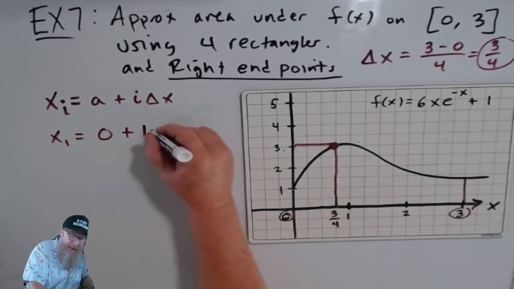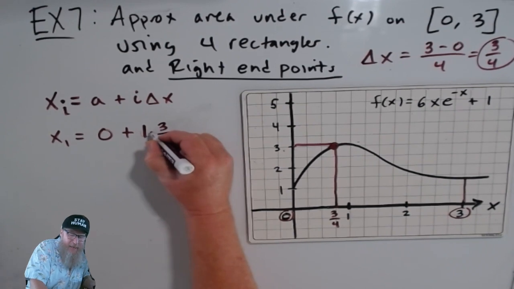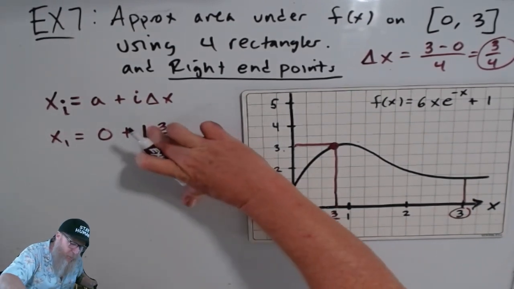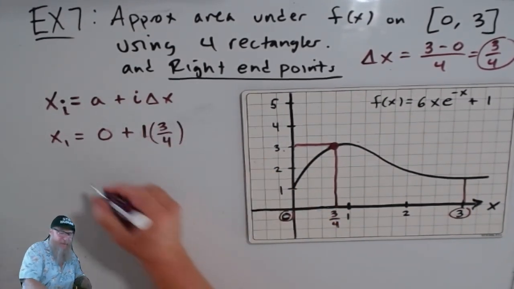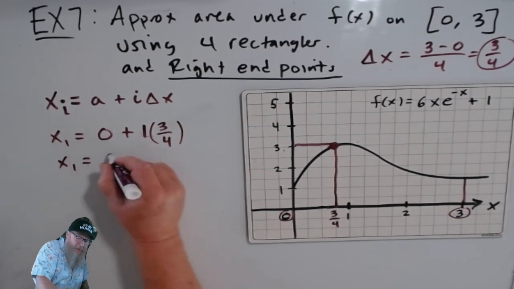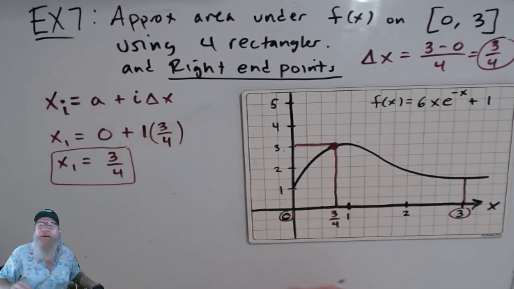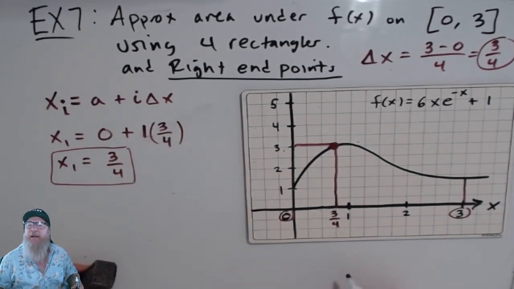And then delta x, sometimes I omit the dot, but in this case I'm going to write it. It's 1 times 3/4. Or you can use parentheses. Parentheses might be a little better. 1 times 3/4. And I hope you can see clearly without using a calculator, that's pretty clearly 3/4. Right? 1 times 3/4 plus 0 is 3/4. So that's your x1.